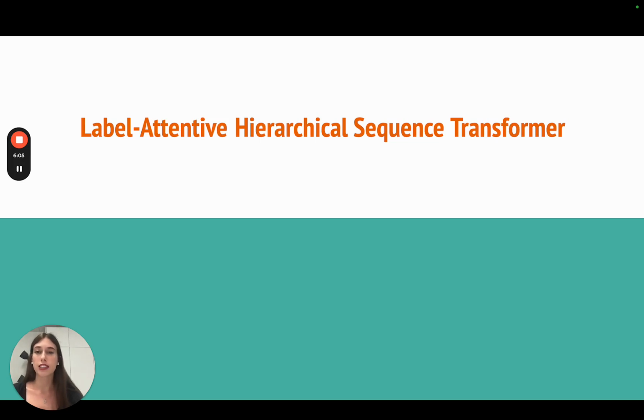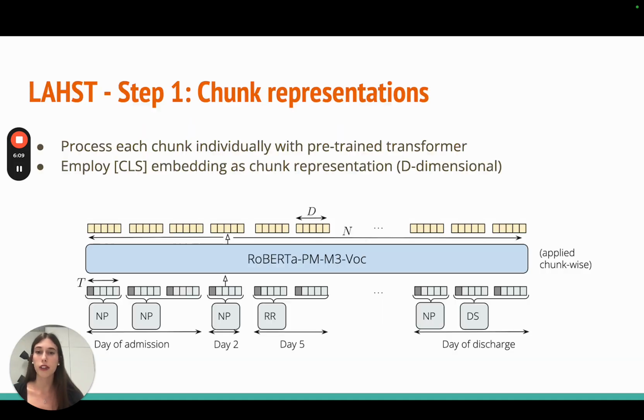Our model is called the label attentive hierarchical sequence transformer, and it involves various steps. The input to the model is the full EHR sequence of all the nodes that were generated from the day of admission until the day of discharge.